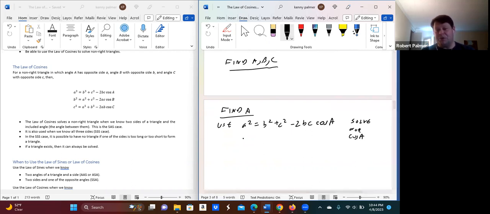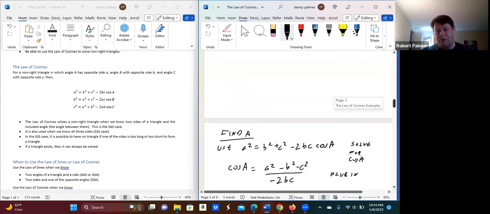We subtract both these terms on both sides and then divide everything by this. It's just like you saw before, solving for cosine of angle B. This is going to be A squared minus B squared minus C squared over negative 2 times B times C.